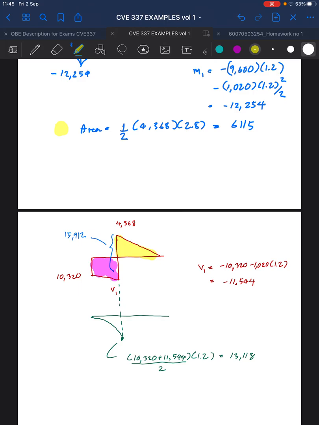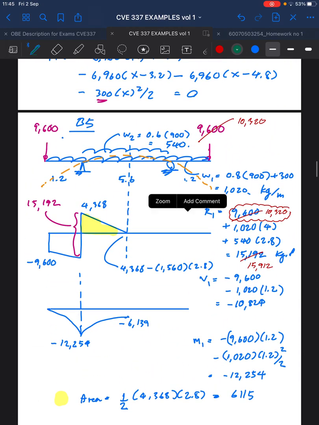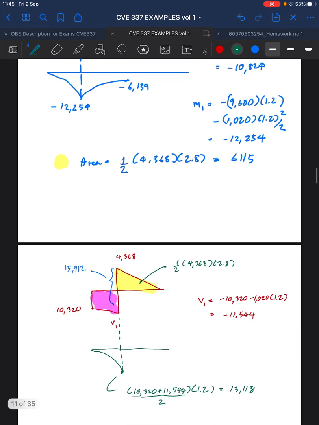back to positive value, and this area itself is equal to a half of 4368 multiplied by 2.8, if not mistaken, because I just saw, yeah, it's 5.6 span length, internal span, so that's 2.8. So 4368 multiplied by half of 2.8, so that's 1.4.